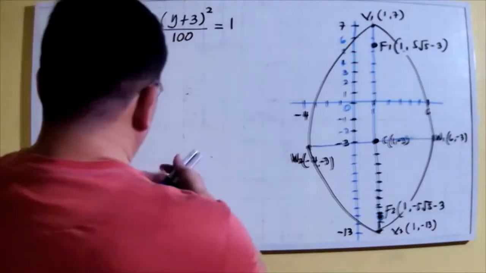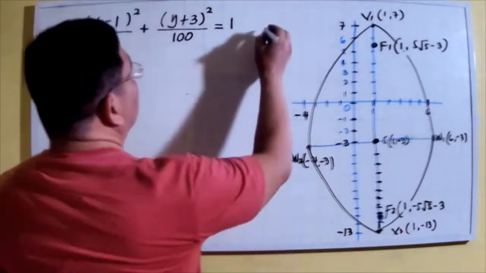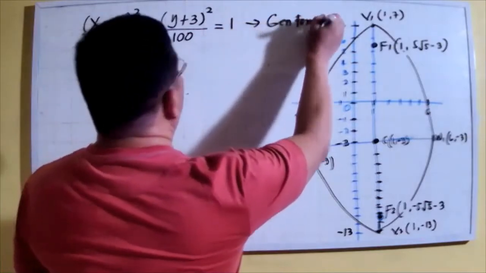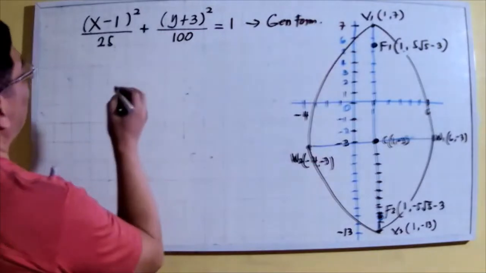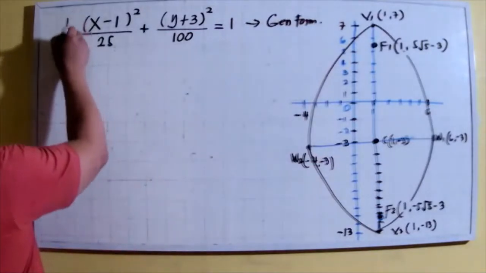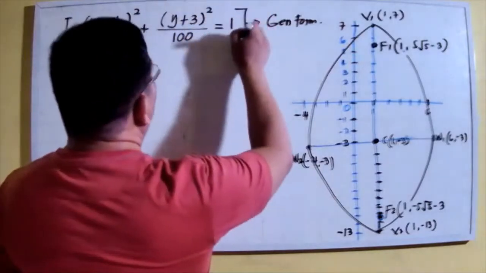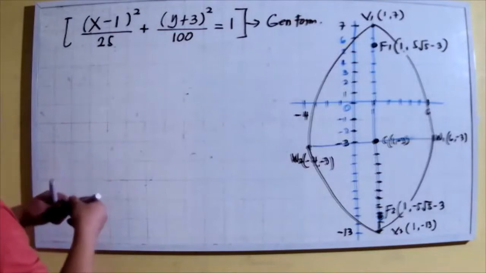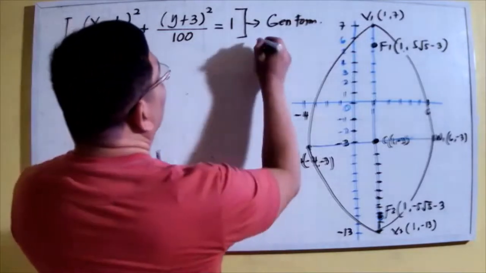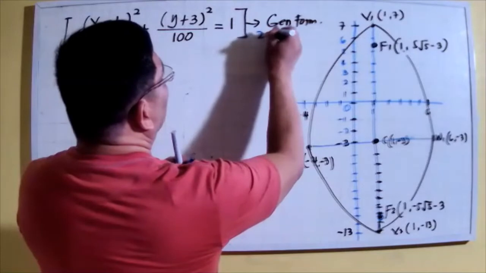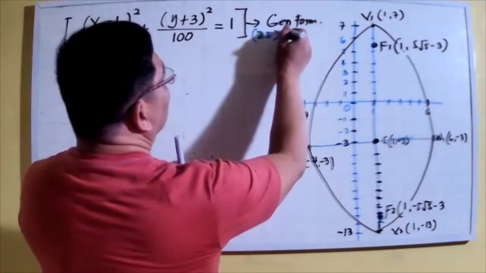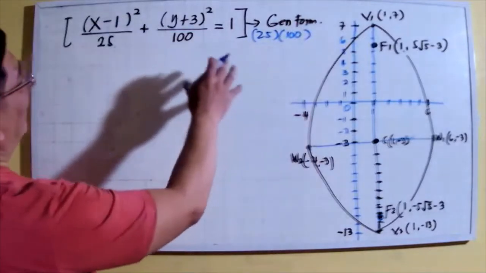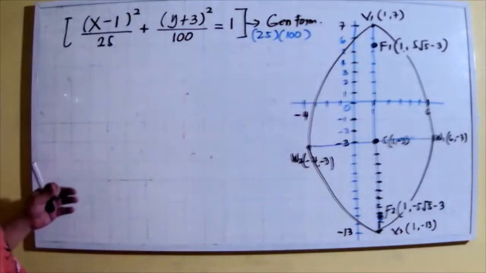So kung gagawin natin itong general form, we're going to multiply this whole equation by 25 times 100. Parang kinuha lang yan yung LCD niya.